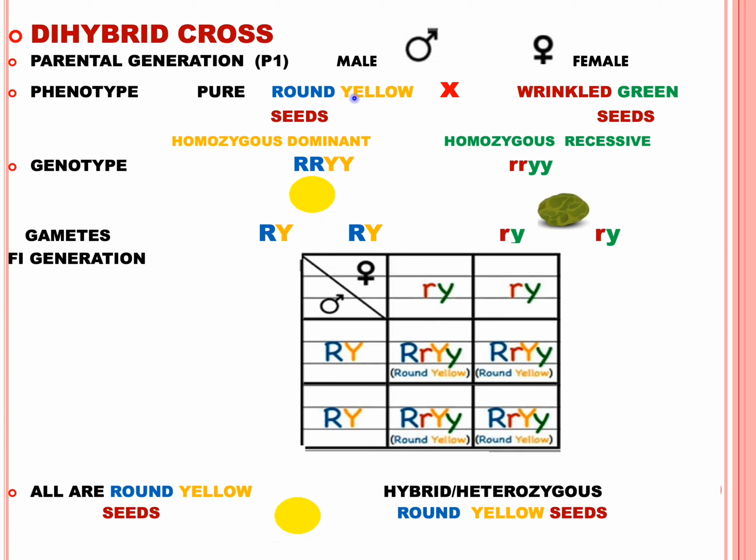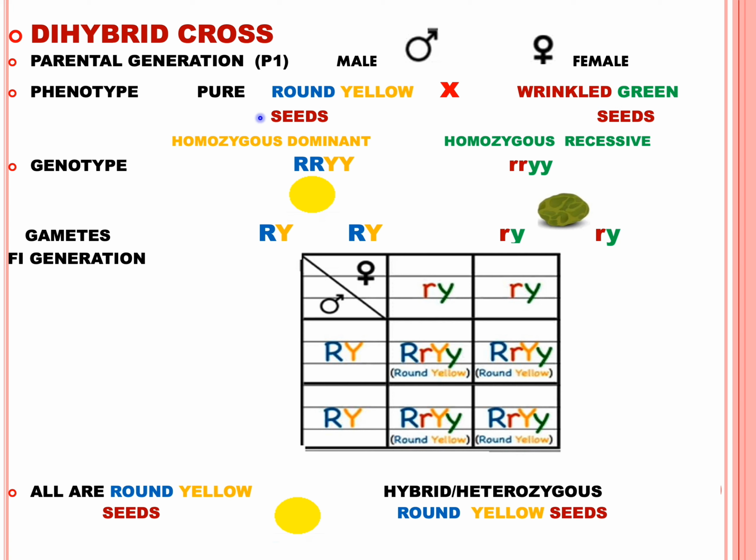So he made the male pea plant with round, yellow seeds, and the female plant with wrinkled, green seeds.